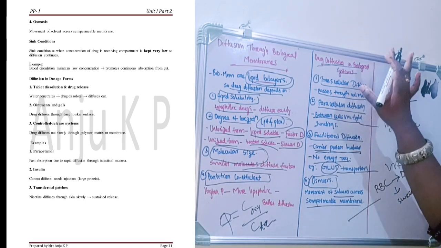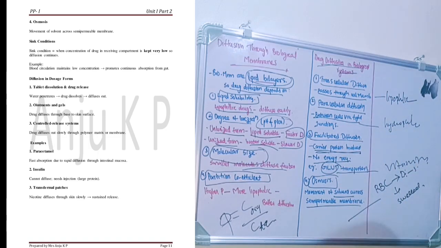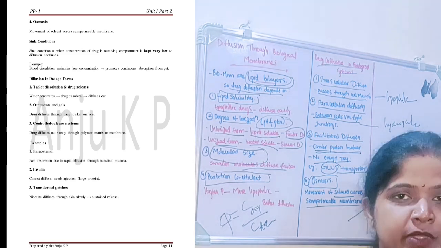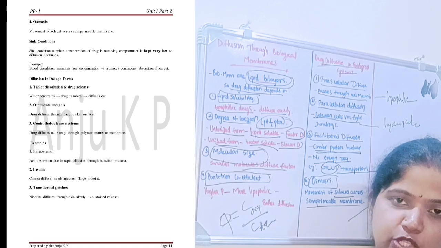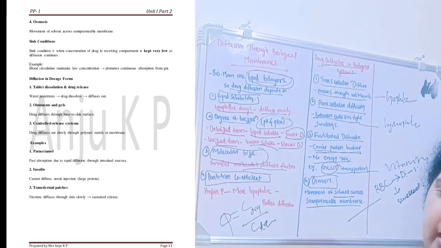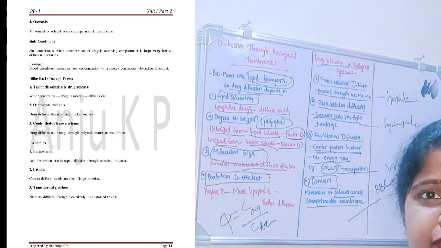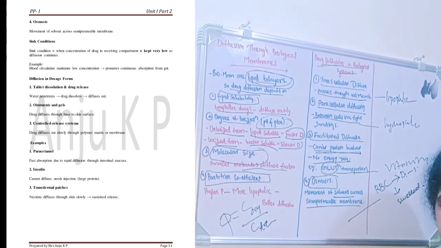So overall, in the case of diffusion principles, if you are talking about dosage forms as an example, in tablets, dissolution has to take place, right? First dissolution, then it will get diffused. If you are talking about injections, take insulin as an example.